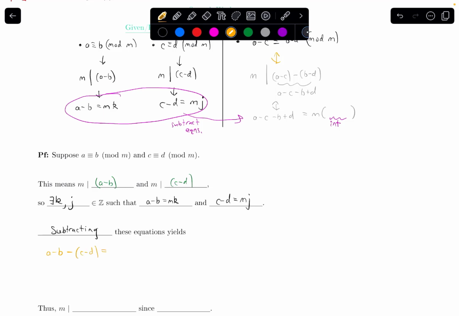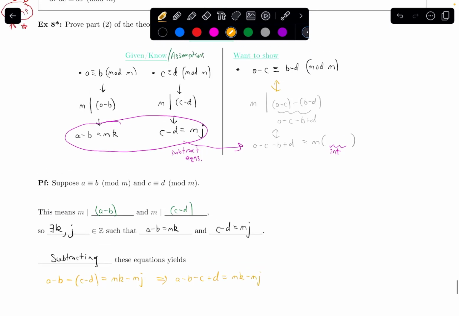On the right-hand side, I'll get mk minus mj. If I simplify this, the whole thing becomes a minus b minus c plus d equals mk minus mj.